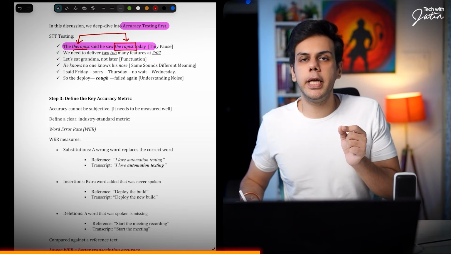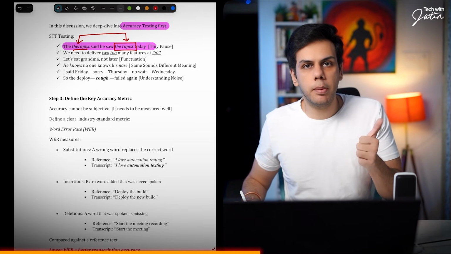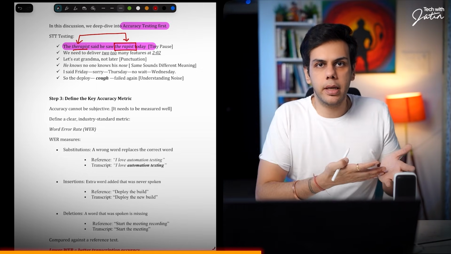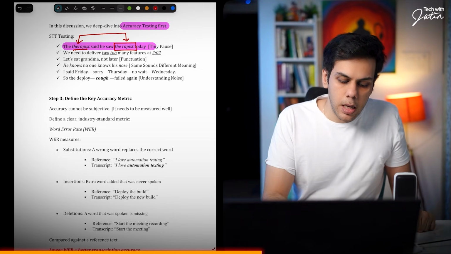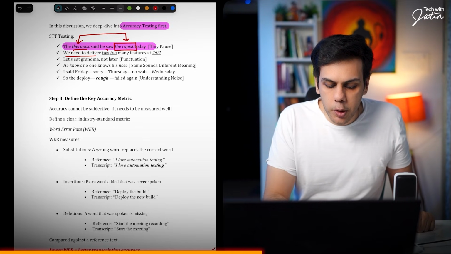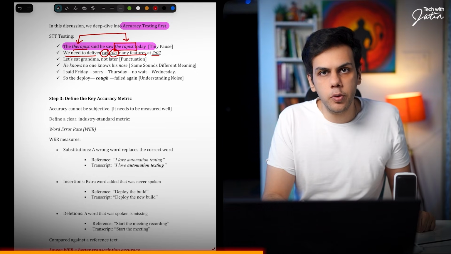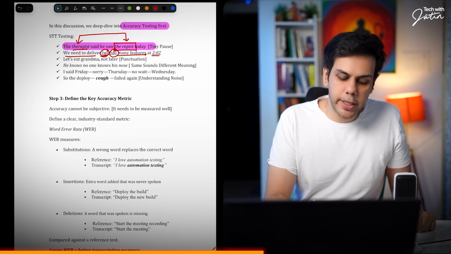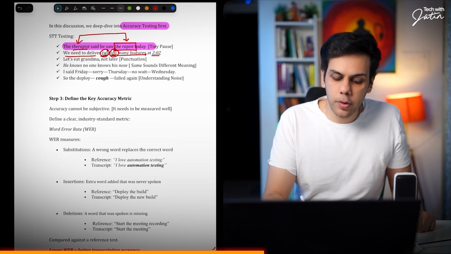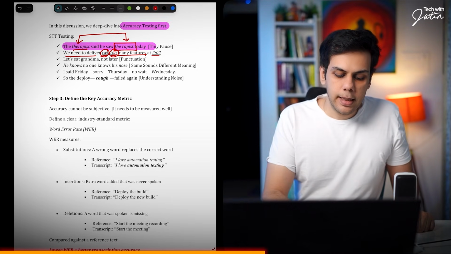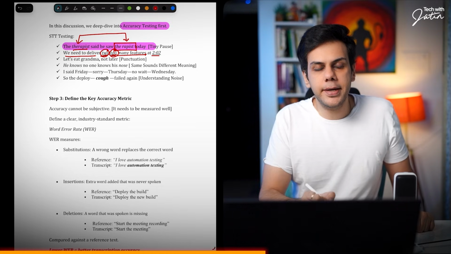Next, it should be able to differentiate between numbers as well as the numerical or the alphabetical stuff, the words. We need to deliver too many features at 2:02. So it needs to differentiate between these two, the 'to' as well as the number 2. Let's eat grandma, not later.